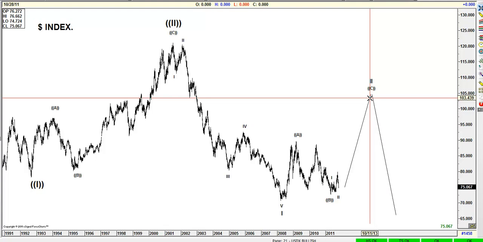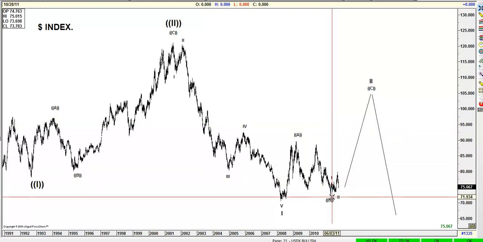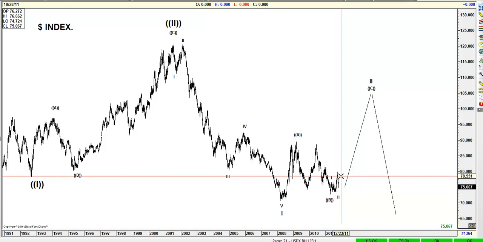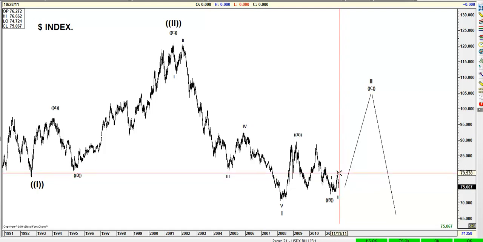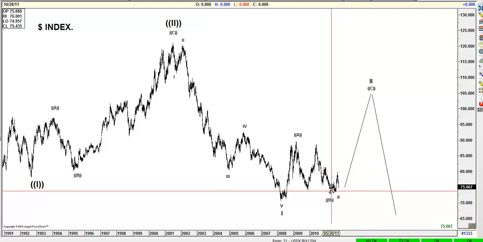Now, that scenario is very shaky at the moment, and I'll tell you why. It took 111 days for the US dollar index to go from 72.40 to 79.83, and in 21 days it has erased 76.4% of that movement.